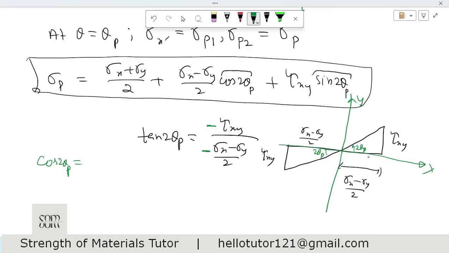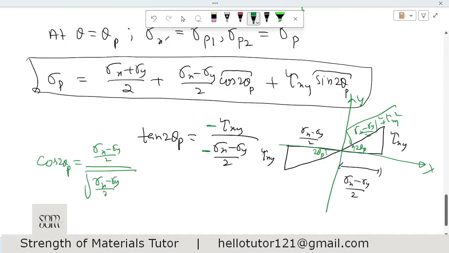The hypotenuse is the square root of perpendicular square plus base square, so it is the square root of ((sigma x minus sigma y)/2) whole square plus tau xy whole square. So the cosine is base divided by hypotenuse: (sigma x minus sigma y)/2 is the base, divided by the square root of ((sigma x minus sigma y)/2) whole square plus tau xy whole square.